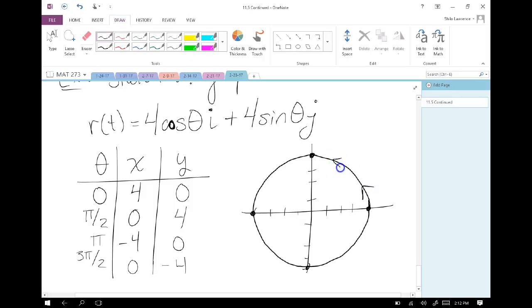We are going counterclockwise around a circle of radius 4. That's a pretty good circle, isn't it? I actually could have used the circle function up here since I've got the computer.